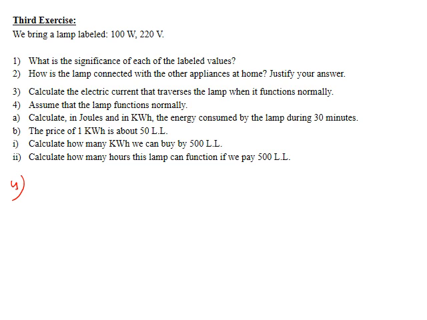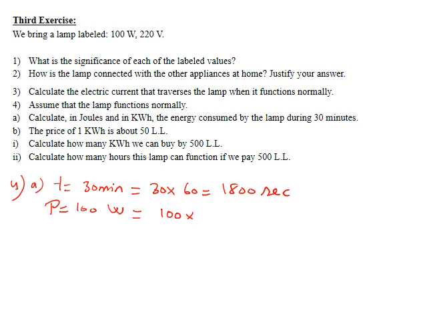Assume that the lamp functions normally. Calculate in joules and in kilowatt hour the energy consumed by the lamp during 30 minutes. T equals 30 minutes. It is 30 times 60, which is 1800 seconds. P equals 100 watt. It is 100 times 10 power minus 3, equal to 0.1 kilowatt.